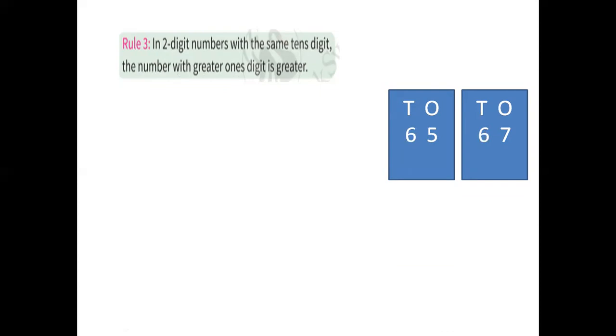First we will compare the tens place only. If the value is different, then you can tell which is greater. Now what is happening here? The value is the same here. 6 and 6. What should we do in this case? Now we have to move on to the ones place. Whichever ones place is greater, that number will be the greater number. Here 5 is there, here 7 is there.